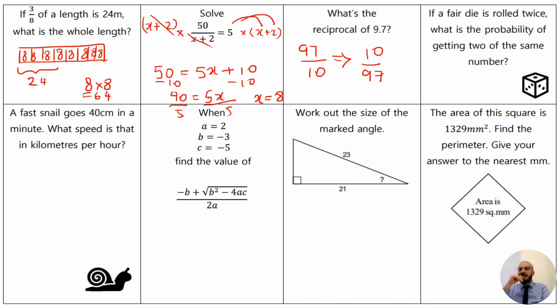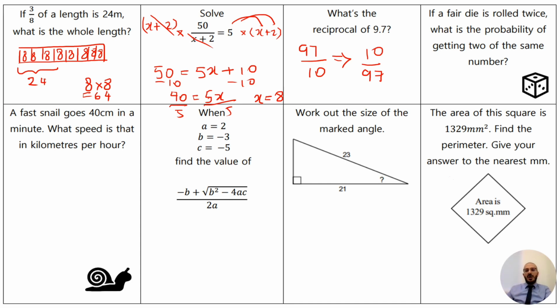Next question. This is a bit of an interesting question. If a fair die is rolled twice, what is the probability of getting 2 of the same number? So we can get 1 and 1, or 2 and 2, or 3 and 3, or 4 and 4, and so on, all the way up to 6. Let's say 1 and 1 is the focus that I'm going to start with.